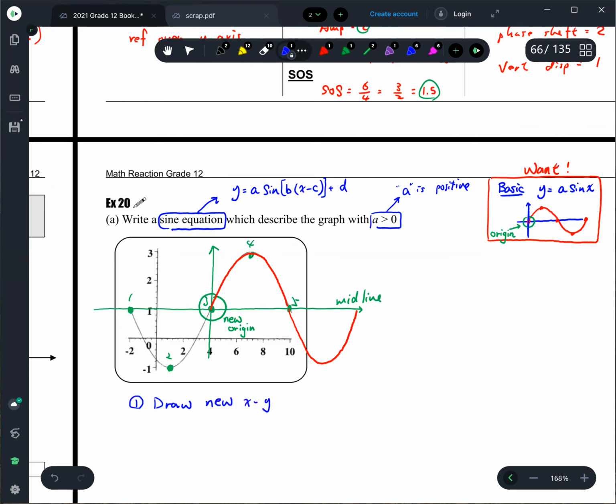The midline is like the x-axis. Once you have drawn the new x and y axis, then you find the new origin.